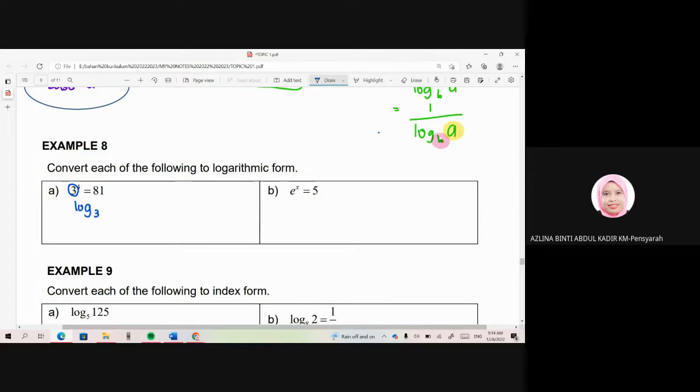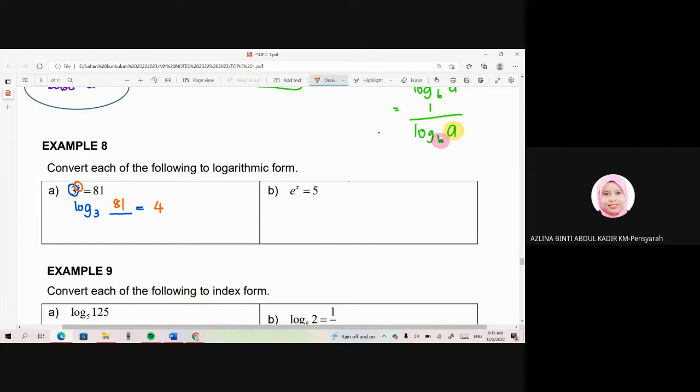Then the index, index is 4. So 4 is next to the equal sign. Fill in the blank, that is 81. So log 81 base 3 is equals to 4.